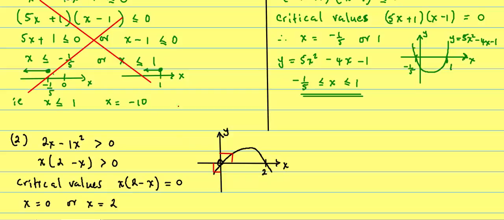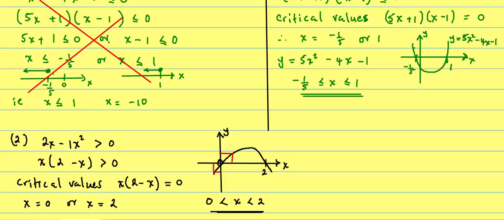So you will notice that the positive values of y correspond to when the graph is above the x-axis. So our solution set then is going to be 0 is strictly less than x, which must also be less than 2, because our initial question requires that the left hand side must be strictly greater than 0. So that's your solution set.